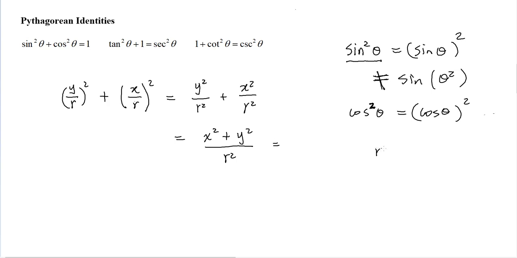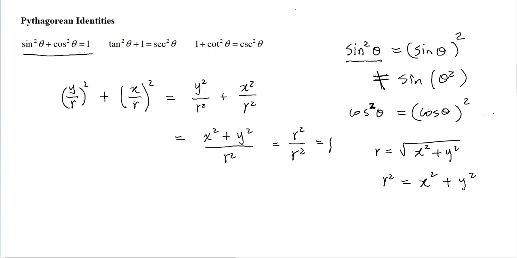Now you learned that r is equal to the square root of x squared plus y squared always. So if you square both sides, r squared is equal to x squared plus y squared. Since the numerator is equal to r squared, x squared plus y squared gets replaced by r squared, and r squared over r squared is equal to 1. That's why sine squared theta plus cosine squared theta is equal to 1. So we just proved this one. Now the next one is 1 plus tangent squared theta.